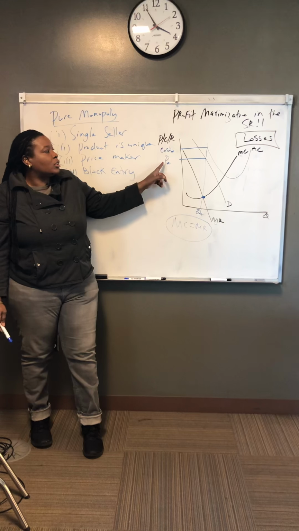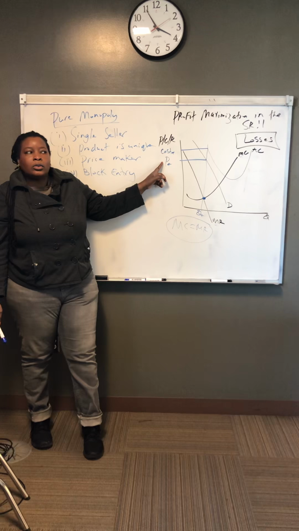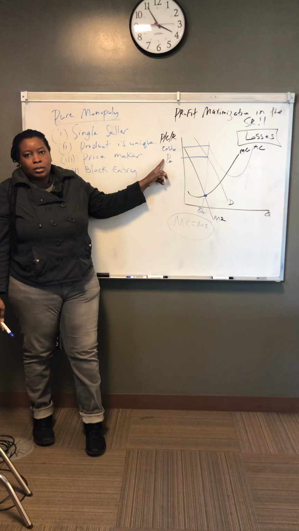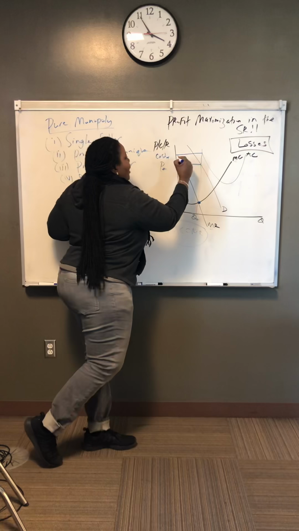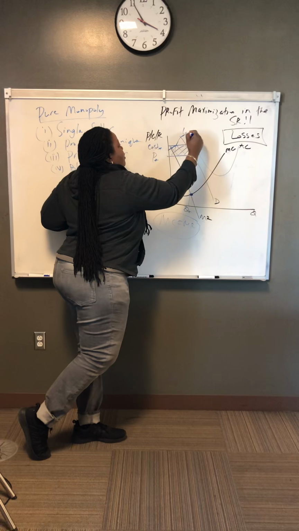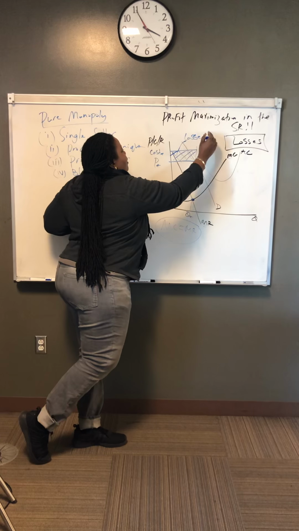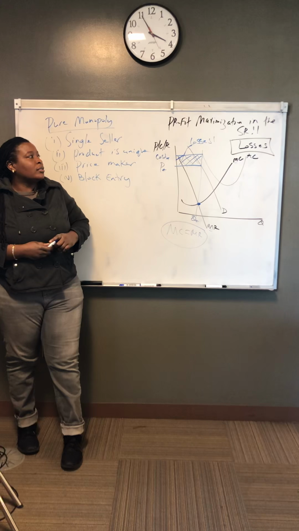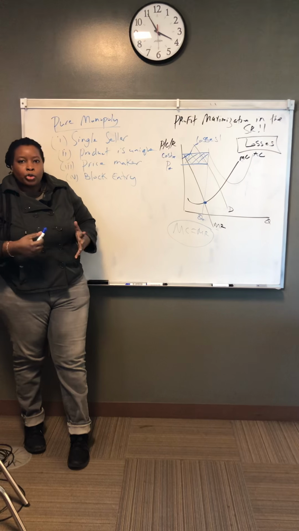Cost to produce, higher than the price you get from the customer. This firm is making losses. Losses given by this area that I'm shading. That's the monopolist making losses. And this is the graph. Make sure you practice.